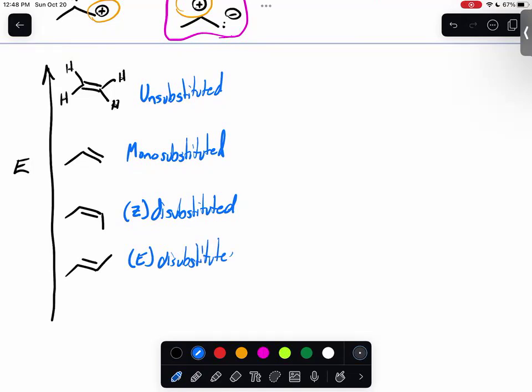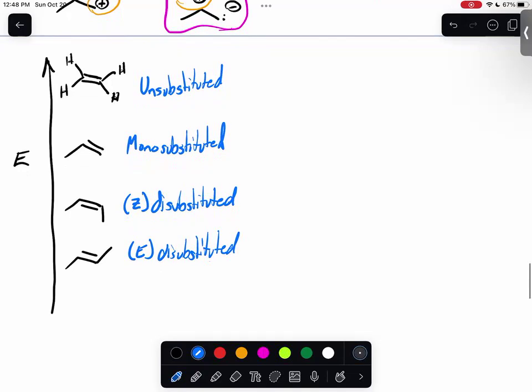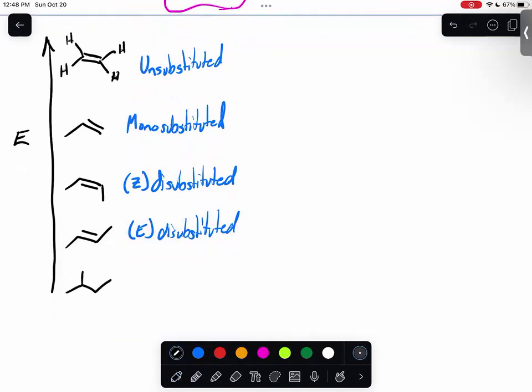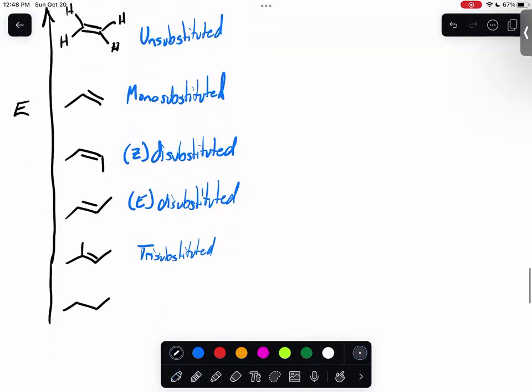And then furthermore, as we go down in energy, if we have three things attached, we have trisubstituted. And at the very lowest energy, we have tetrasubstituted. So you can imagine that the more stable alkene is going to give us a lower energy of products.